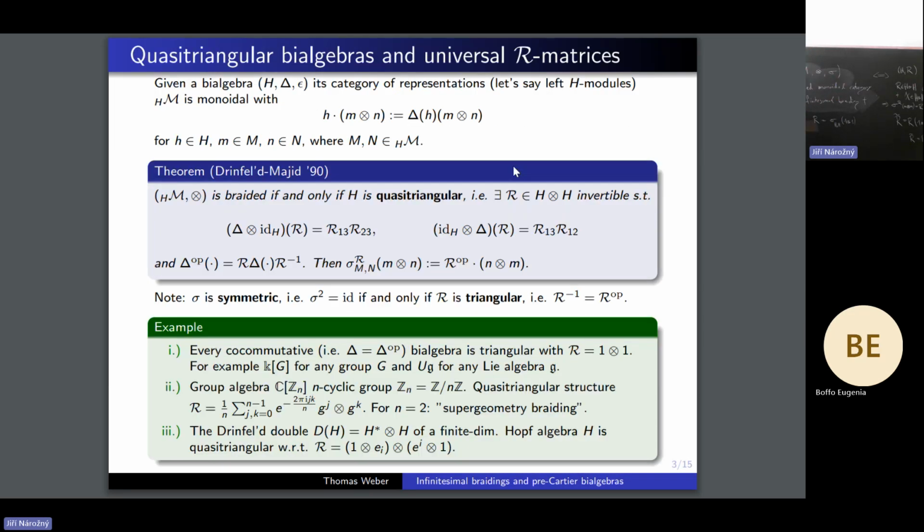Right, so this was the picture on the left side. Let's go to the right side. What does this data mean in terms of the algebra? If we start with a bialgebra H with coproduct delta and counit epsilon, then we can look at the left H modules. The category will be written like this, HM.